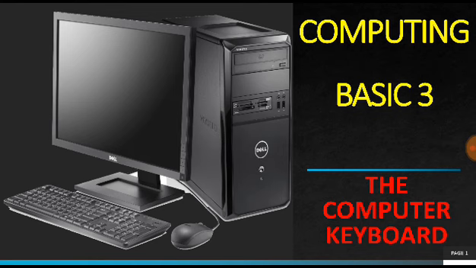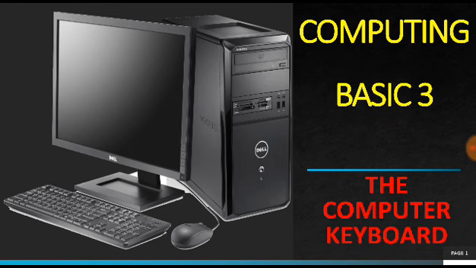We also made mention of the expansion slot. Then we mentioned the network port too. So we said all these things can be found at the back of the system unit. We also added the power supply unit, which can be seen at the back of the system unit.